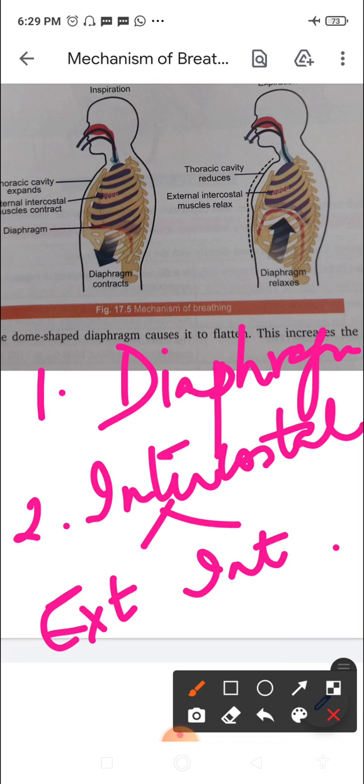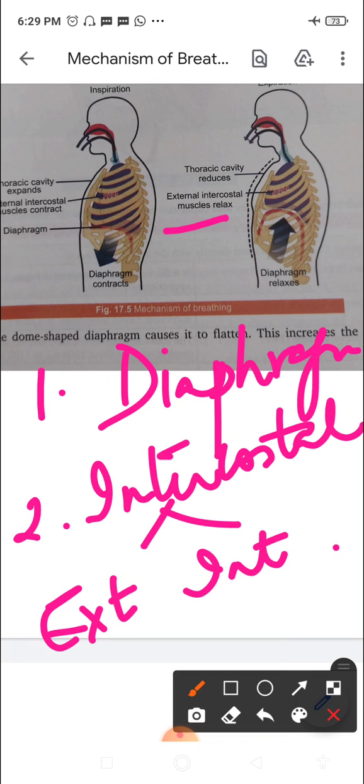In the diagram you can see the external intercostal muscles shown in red. The internal intercostal muscles are also found in between the ribs. The external intercostals slant forward and downward, while the internal intercostal muscles slant backward and downward. So that's about what is involved.